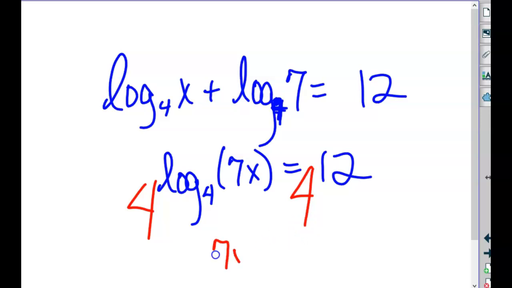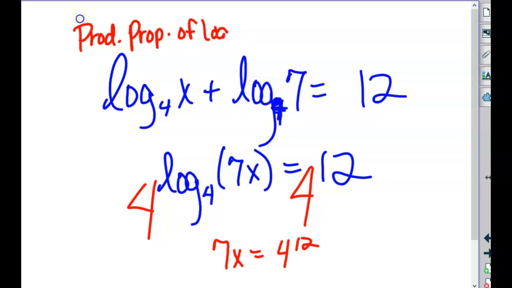So I'd have 7x equals 4 to the 12th, and then you do 4 to the 12th divided by 7. Can't be that bad. So this would be called the quotient property. I'm sorry. What's multiplying? Product property of logs. Yeah, I messed up. I should have just made it 2 or something.